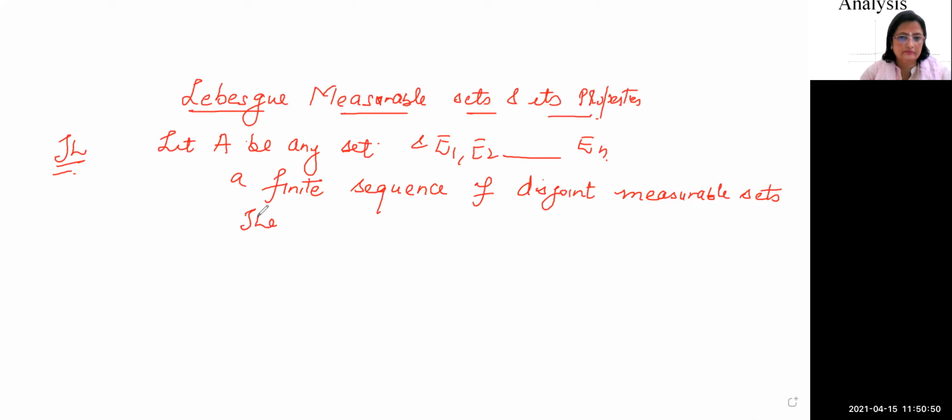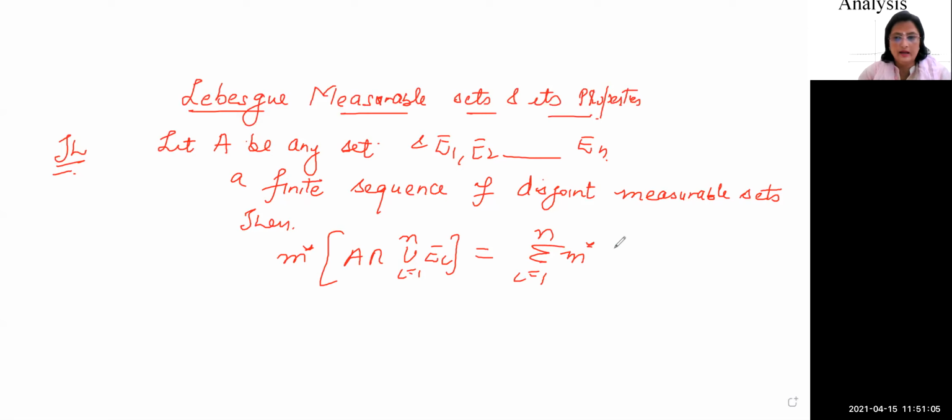Then, what do we want to prove? The outer measure of the set A intersection union i running from 1 to n Ei is equal to summation i running from 1 to n m star A intersection Ei.